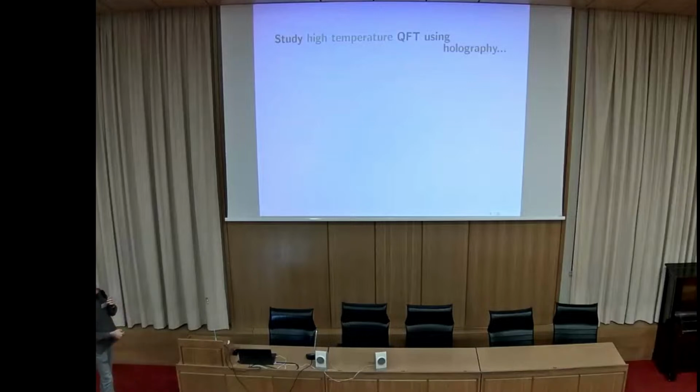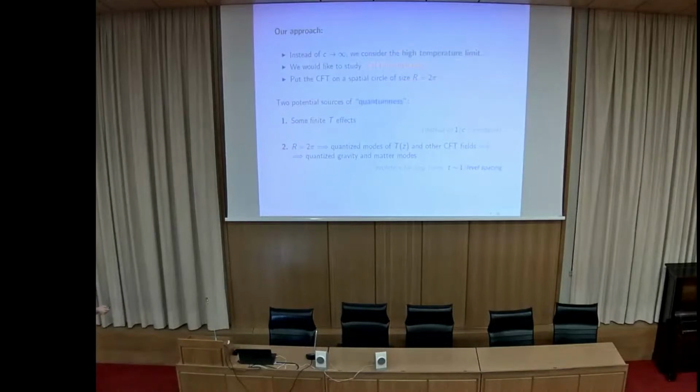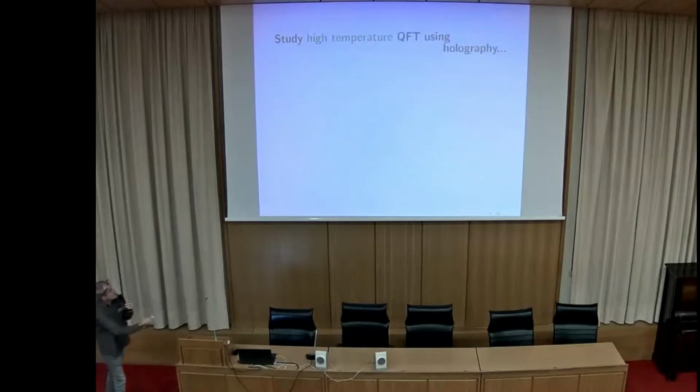Okay, so a theory at high temperature. How do we study it using holography? First of all, we expect, of course, that it should be a quantum black hole. And then the most natural way to study the quantum black hole is just to throw some stuff into the black hole and see what happens.